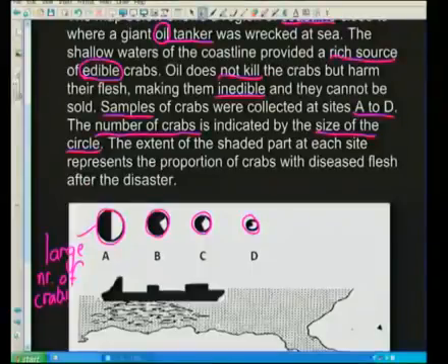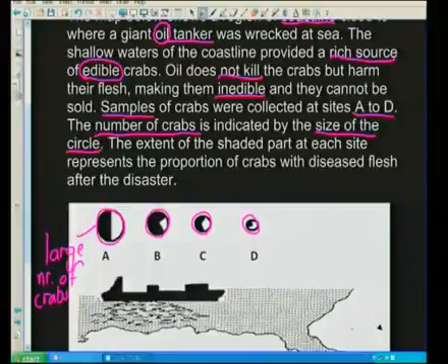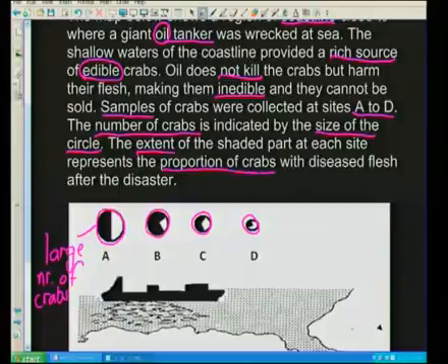Wonderful. All right. The extent of the shaded part, that means how big or how small the shaded part is, at each side represents the proportion of crabs with diseased flesh. That means that it's been contaminated. The flesh of the crabs have been contaminated with the oil. Remember, it doesn't kill the crabs.